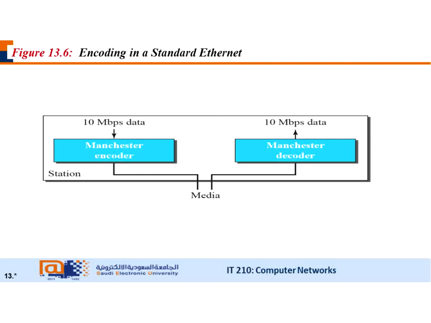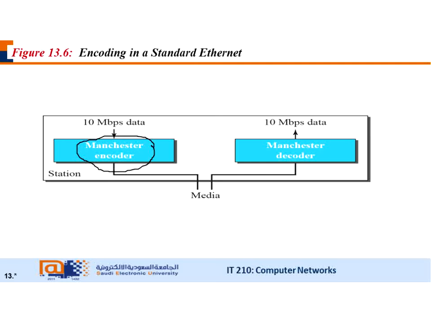Now here, in this diagram, you can see that all standard implementations use digital signaling, that is baseband, at 10 megabits per second. At the sender side, data is converted to a digital signal using the Manchester scheme. As you can see, we have a Manchester encoder at the sender side.